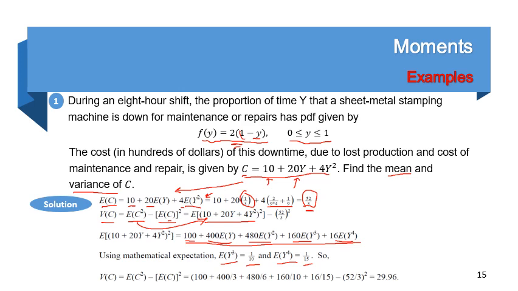Hence, you can get the variance as the expectation of C squared, which we obtained earlier, minus the square of the expectation of C, which we already have from the beginning. You can just square it, so you will have a final answer as this one.